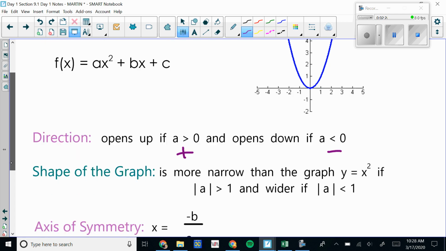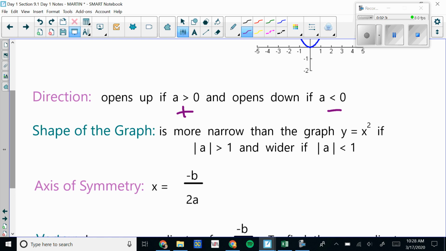The shape of the graph is more narrow than y equals x squared if the absolute value of a is greater than 1. Things like 4, negative 10, the absolute value of that's all greater than 1. And it's wider if the absolute value of a is less than 1, like 0.75, 1/2, things like that.